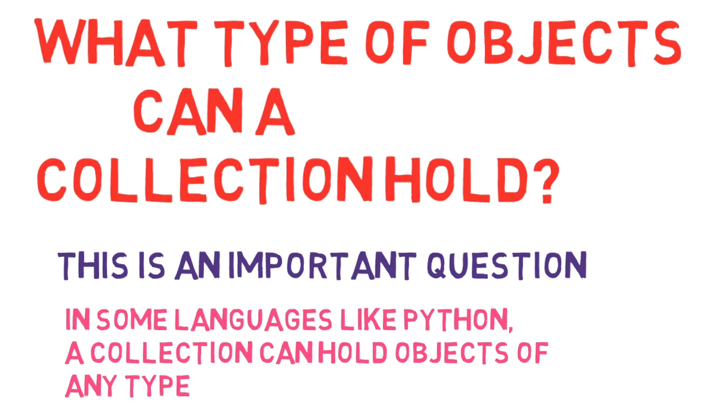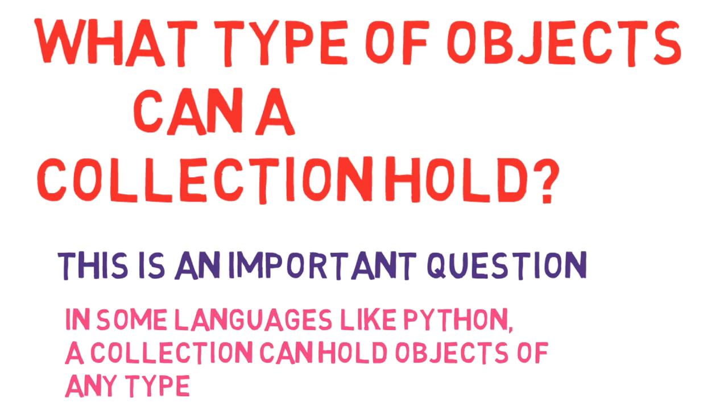Now, this is not always true of Java. Though of course in Java you can say that everything is an object. So if you have a collection of objects, it can technically hold everything. But that's not the way collections are usually used in Java, and that's typically not the best practice either. Normally, we would like to have some level of type safety in collections.